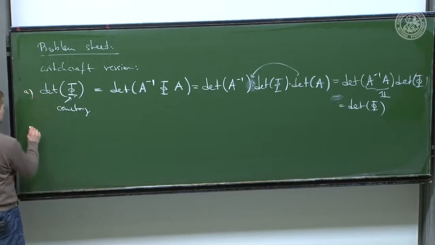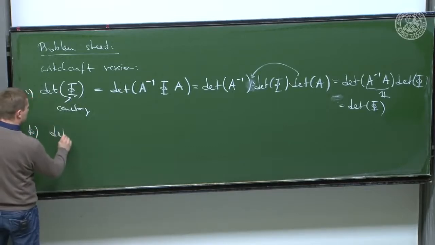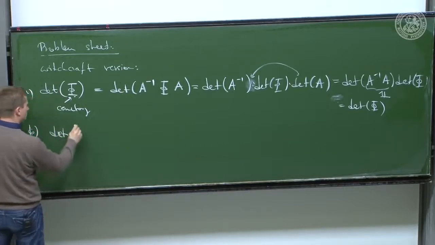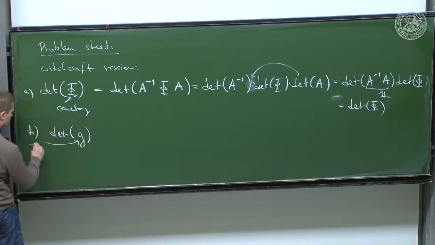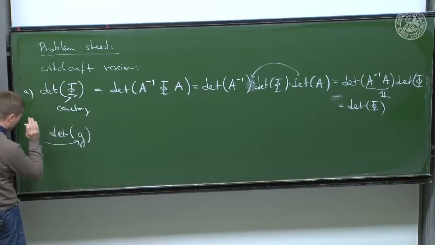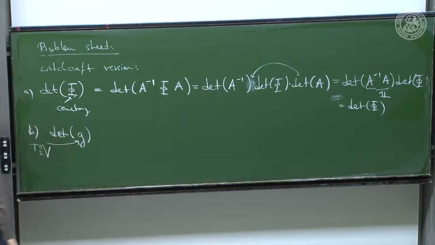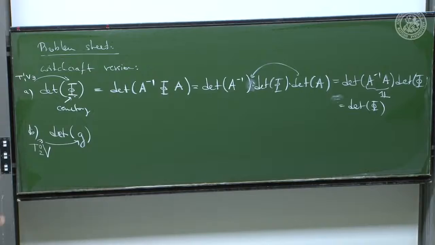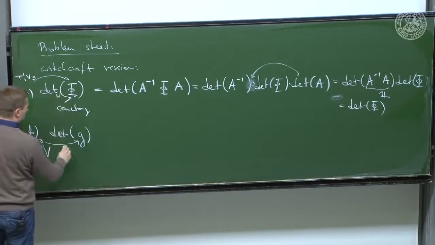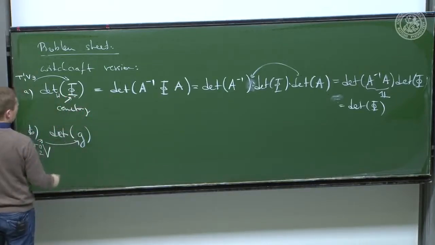But now we do something different. We calculate, according to the witchcraft rule, the determinant of a bilinear form, of a bilinear map, so of a (0,2) tensor. Whereas here, this was an endomorphism, a (1,1) tensor.